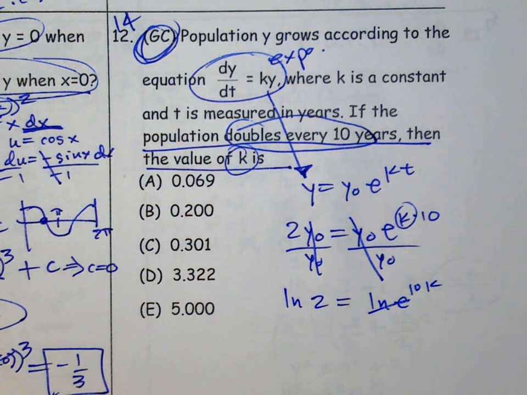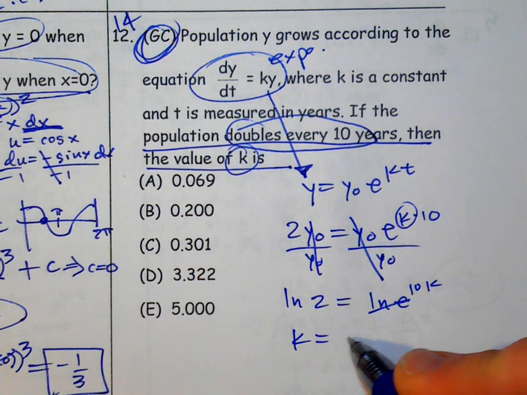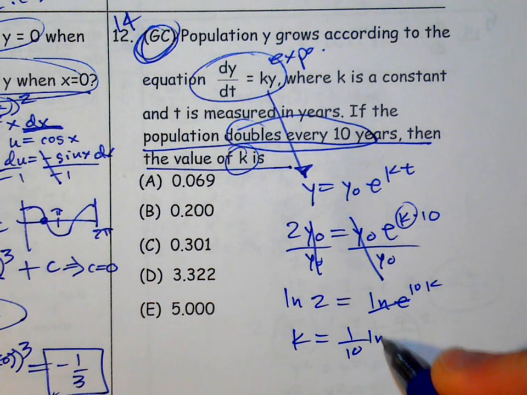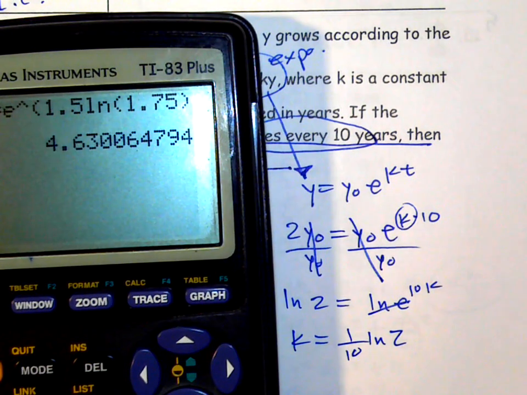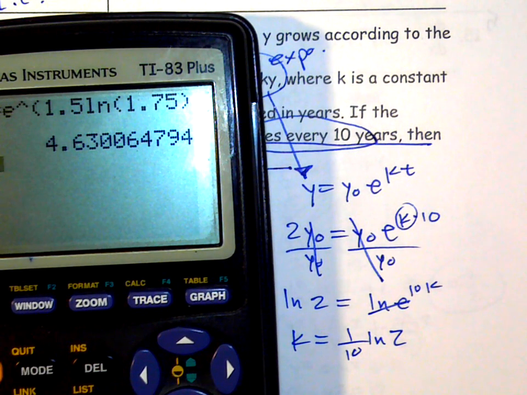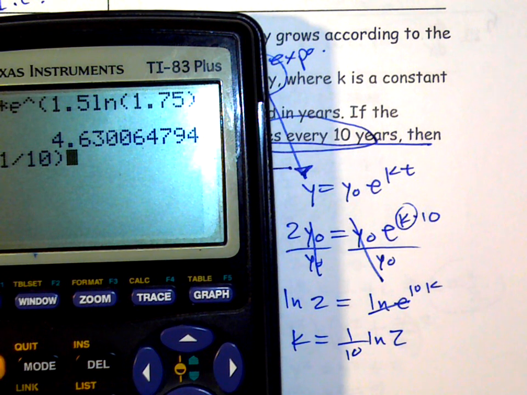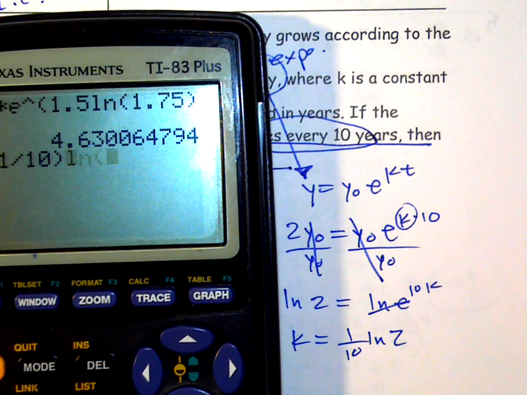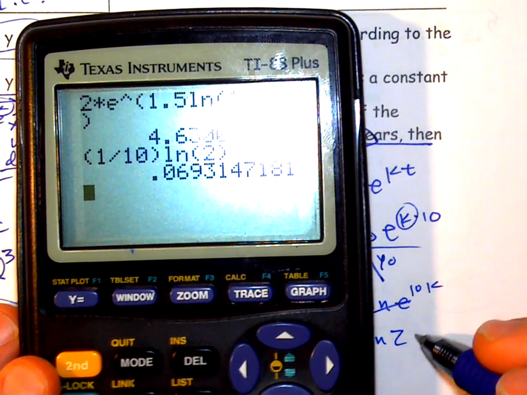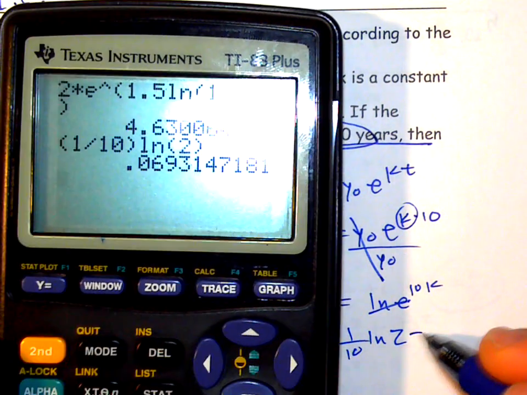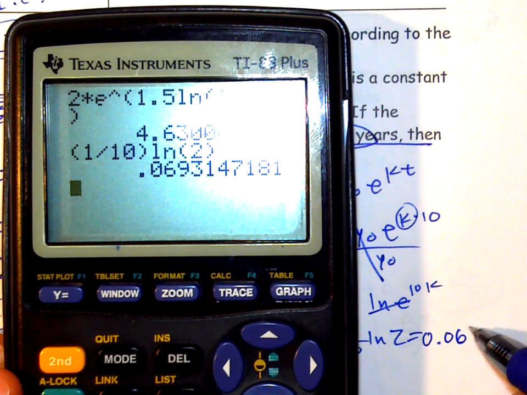That gets rid of the e, and divide both sides by 10. And then this is where your calculator comes in. 1/10 natural log of 2 is 0.06931.